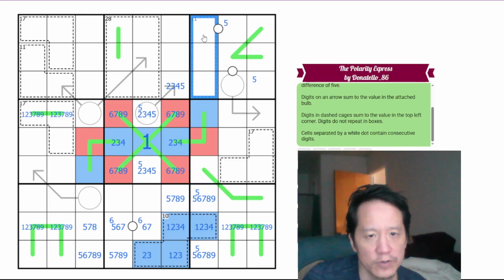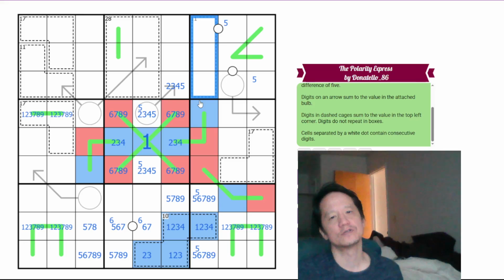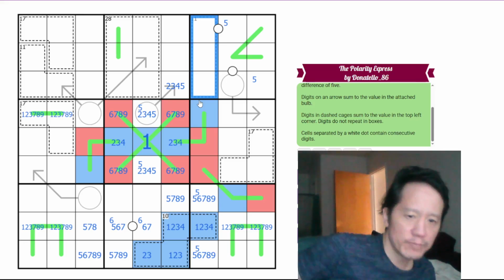Since these are low and this is a high, this must be a high also. Right? Because we have 4 lows already in column 7. Therefore, this is a low, this is a high. This adds up to 17. This is 2 lows and a high. We're not sure which, though. There cannot be a 5 there.